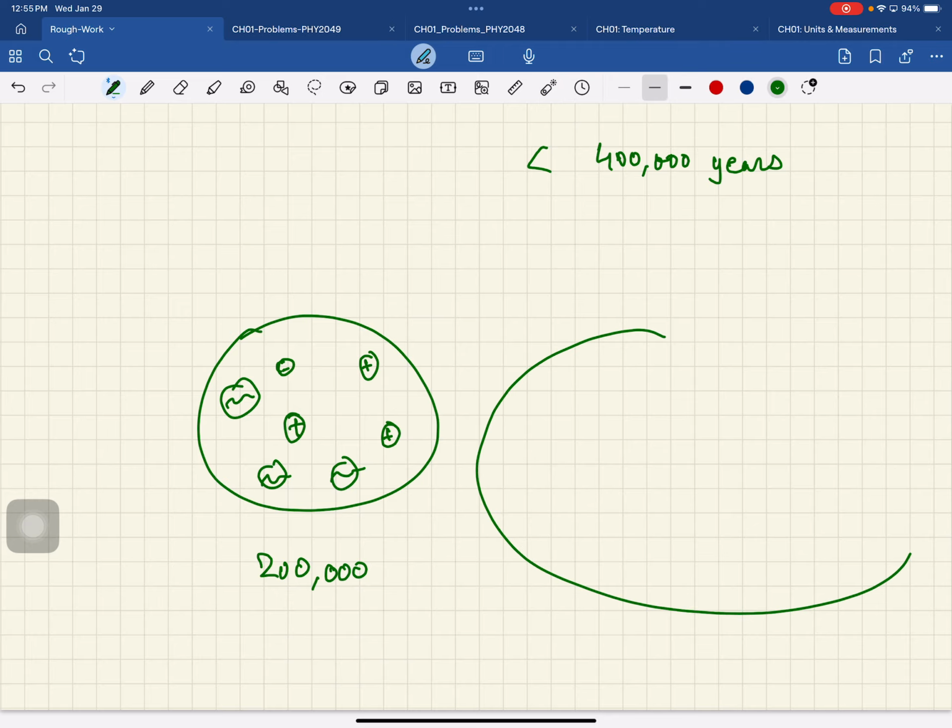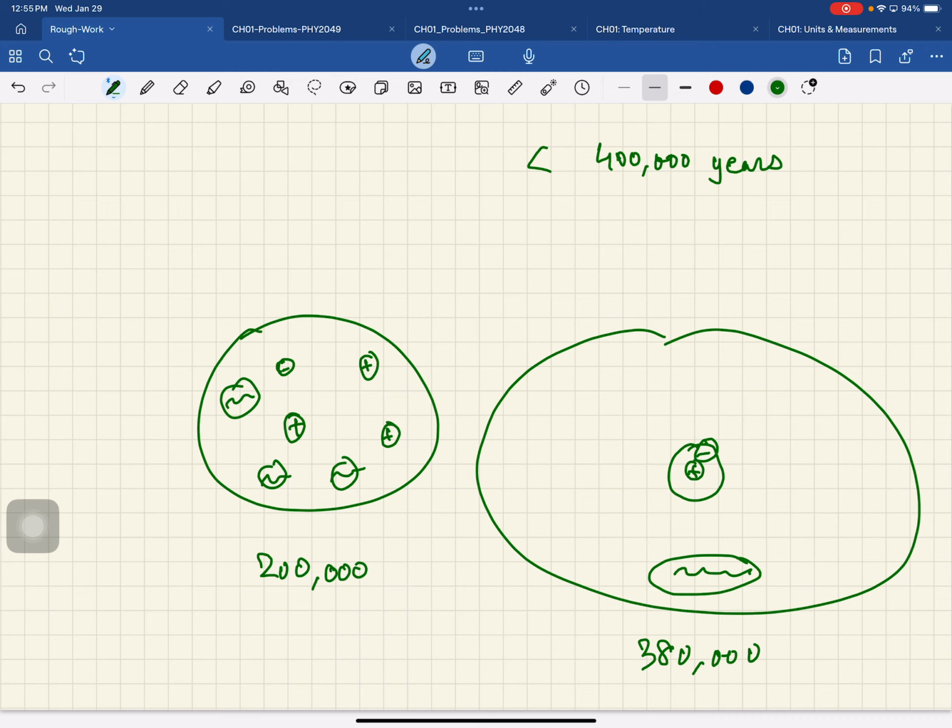And that happens at 380,000 years. Now atoms have formed. The energy of these photons is not high enough to ionize those hydrogen atoms. And since they can't be absorbed or scattered, these photons travel, and the universe has become transparent.